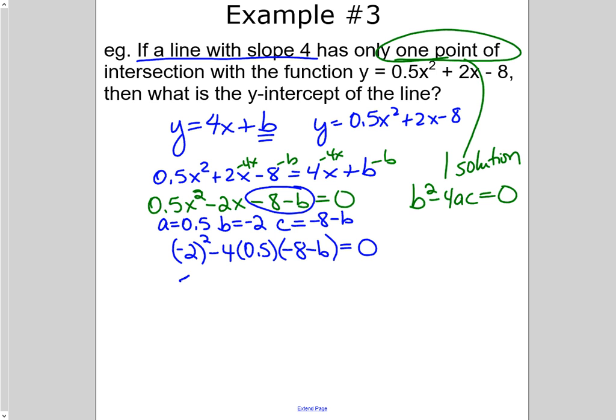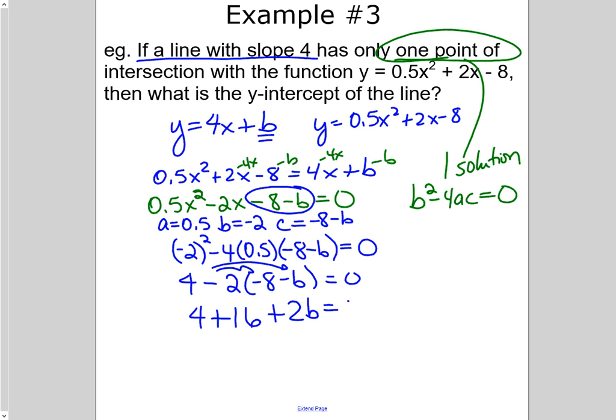So (-2) squared is 4. Then -4 times 0.5 is -2. So this is going to be -2 times (-8 minus b). And then I'm going to multiply that -2 inside. So 4 plus 16 plus 2b equals 0. 4 plus 16 is 20.